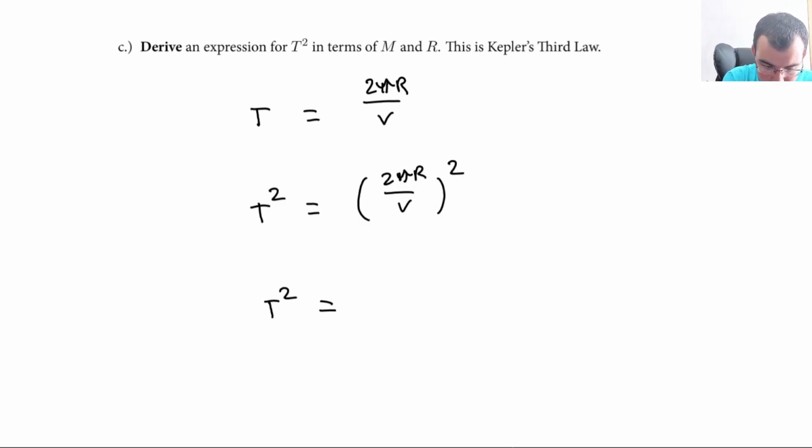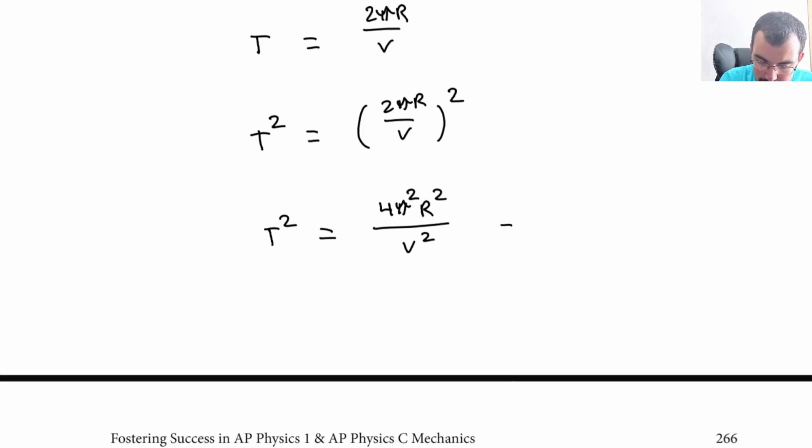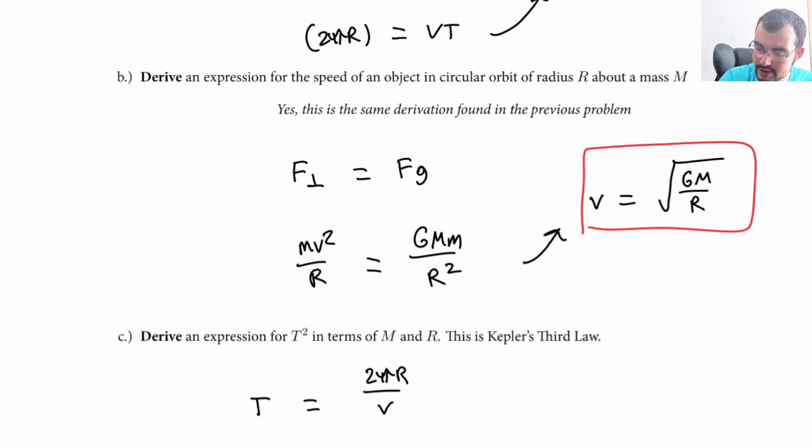So t squared would be equal to 4 pi squared r squared. Don't forget to square the pi. Divided by v squared. And that's going to be equal to 4 pi squared r squared divided by, well, v is gm over r under a root, so v squared would be that square root squared, so we get rid of the root.